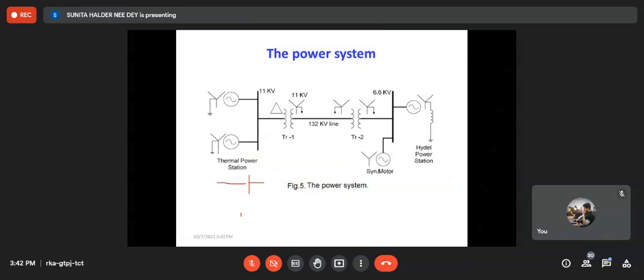This is the bus. There are two generators here, right? But there is a delta connection. So on this side, that will be open, right? So no zero sequence current will be connected with the line. Have you understood?